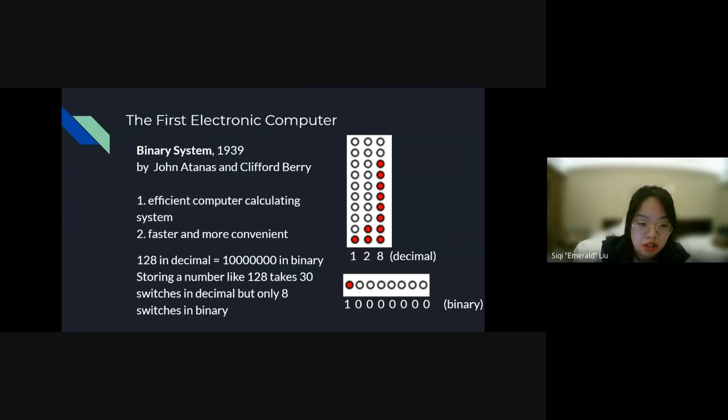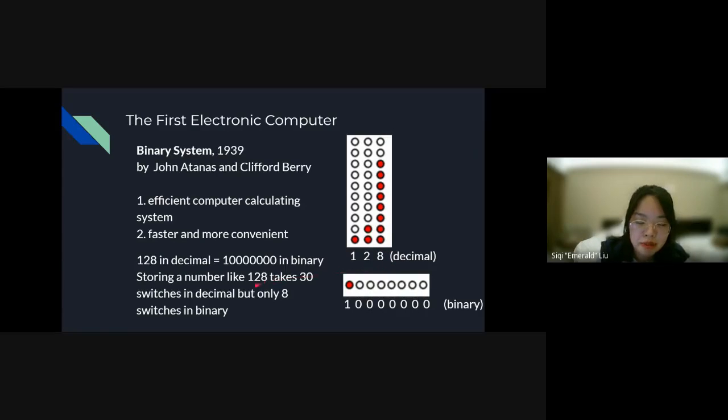So for example, to store a number like 128, which is one followed by 7 zeros in binary, it would take 30 switches to represent this number in decimal, because for each digit we would need 10 switches, so it's 30 switches.